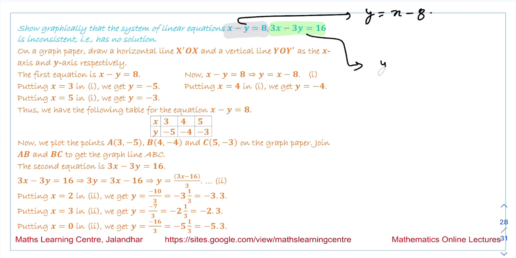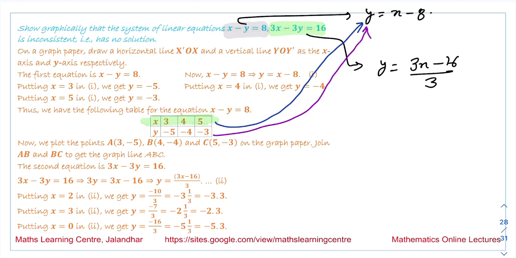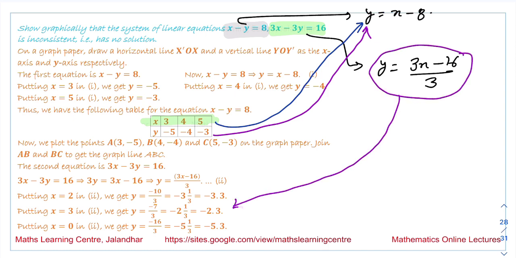Corresponding to the second we are writing y is equal to 3x minus 16 by 3. We substitute different values of x in this equation to obtain different values of y. Similarly, we are substituting different values of x in this equation to obtain different values of y.